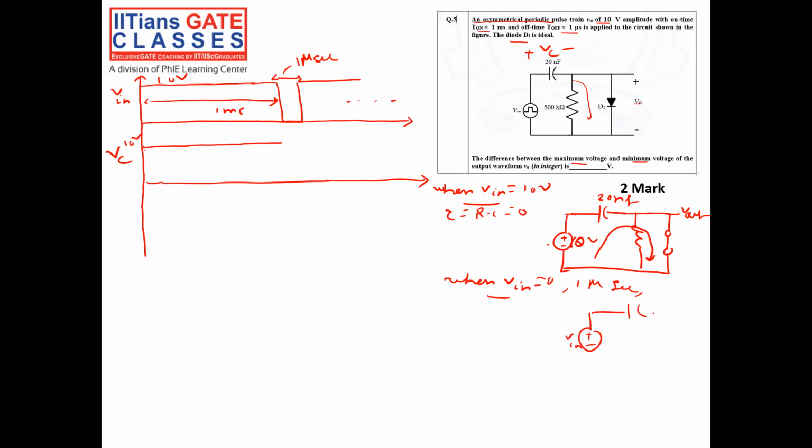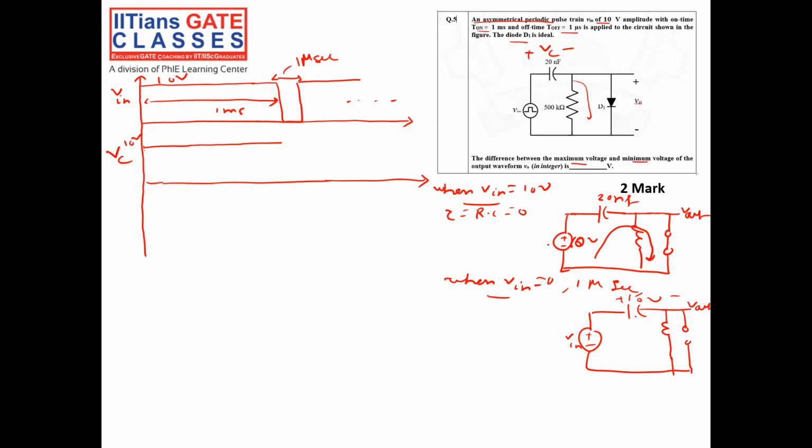The capacitor is already charged to 10 volt. The diode will be an open circuit. This is V out.